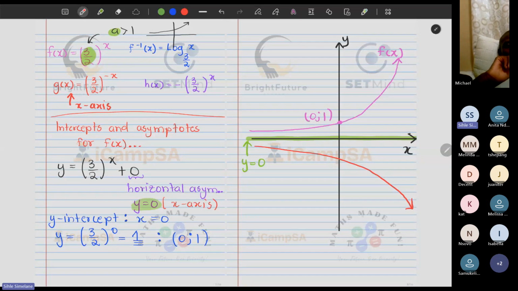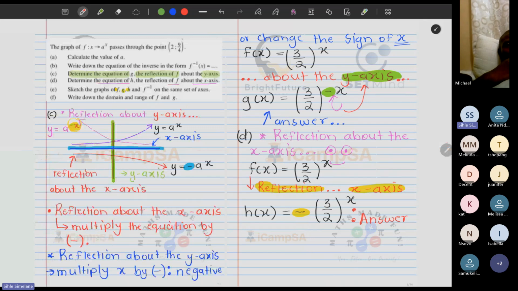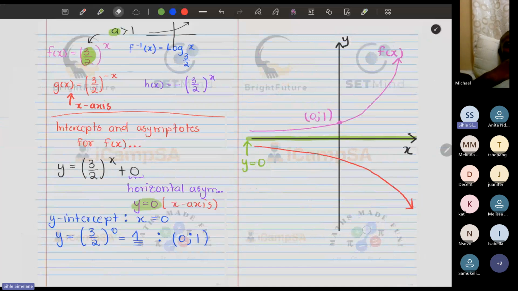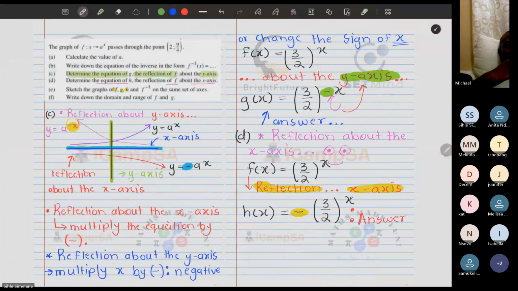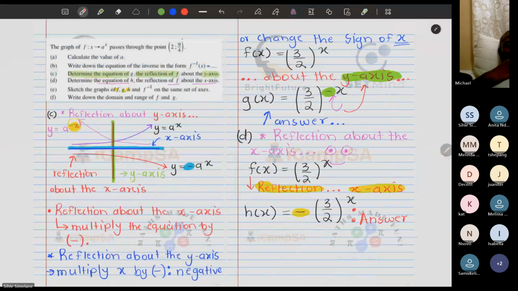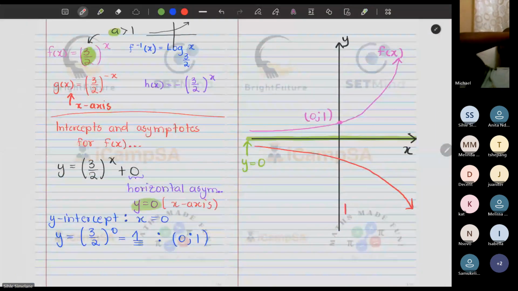That red graph becomes G of x. Wait, what did I say? H is the reflection about the x-axis. Yes, H.